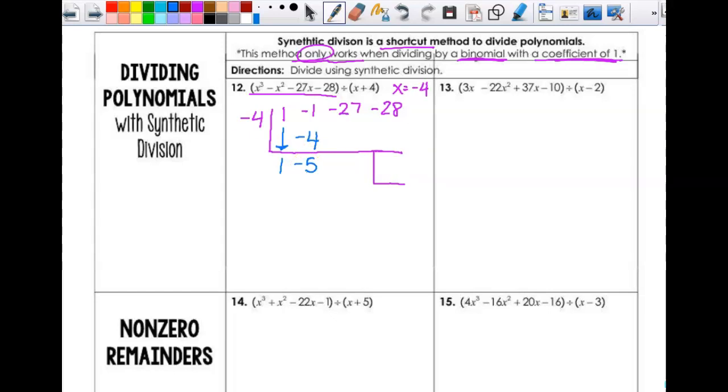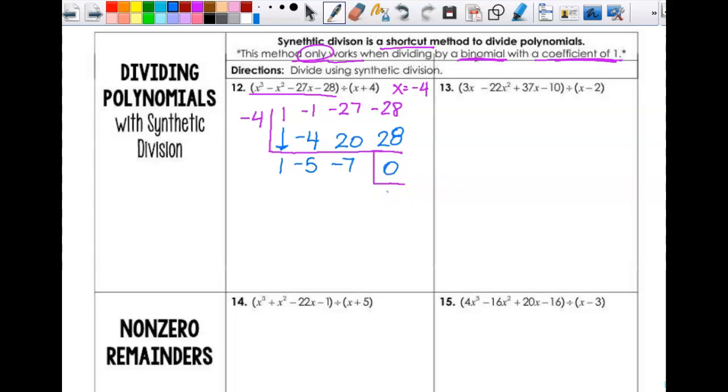Then I do the same thing again. Negative 4 times negative 5 is a positive 20. I combine these two to get a negative 7. Negative 4 times negative 7 is a positive 28. I combine those two to get 0. So my remainder is 0.